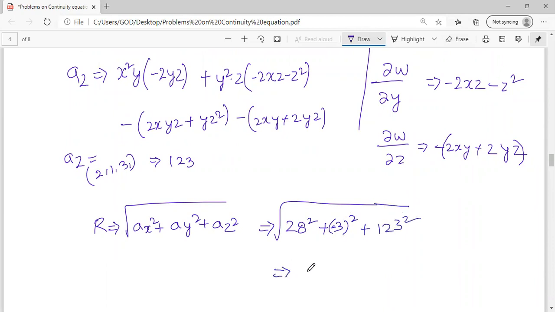Then if you solve this in the calculator, you will get the resultant acceleration at the point 2, 1, 3, which comes out to be 128 meter per second square, or you may write units, because no meters or seconds are given in the question.